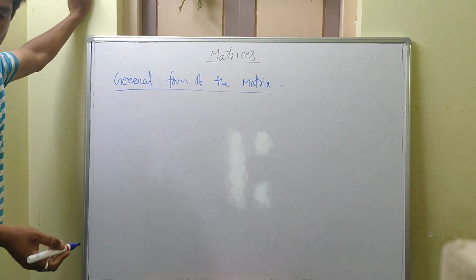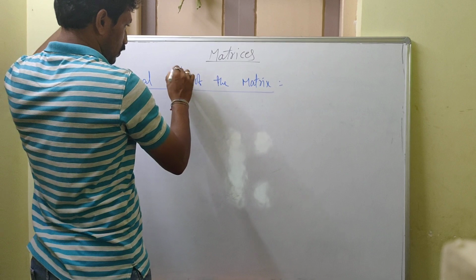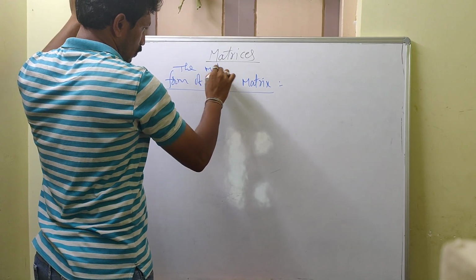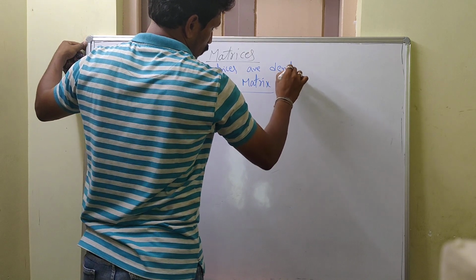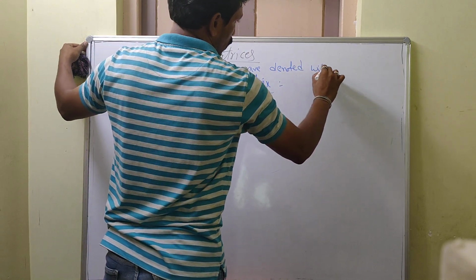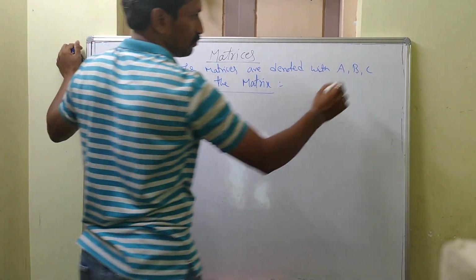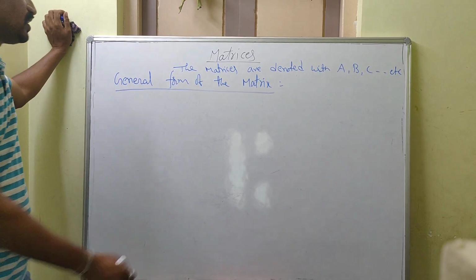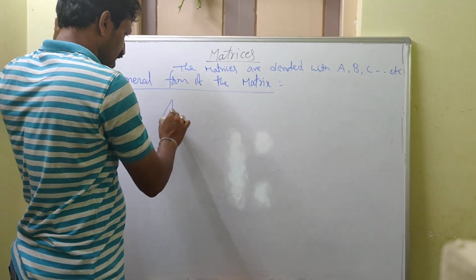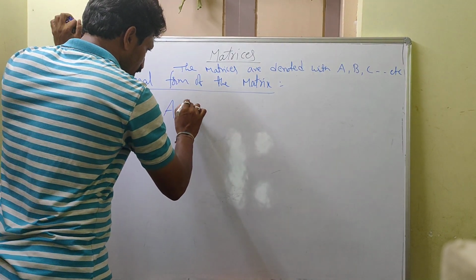See here, you just remember one more thing. The matrices are denoted with capital letters A, B, C, etc. See, general form of the matrix, let us consider A is equal to Aij.